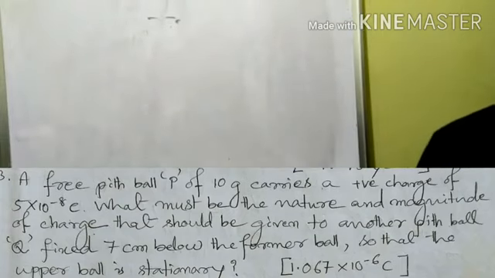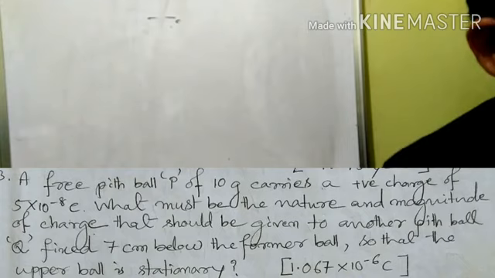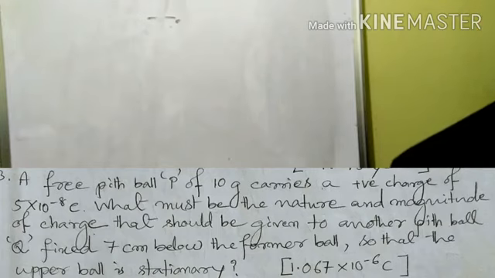Well, third problem reads, a free pith ball P of 10 gram carries a positive charge of 5 into 10 to the power minus 8 Coulomb. What must be the nature and magnitude of charge that should be given to another pith ball Q fixed 7 cm below the former ball so that the upper ball is stationary?